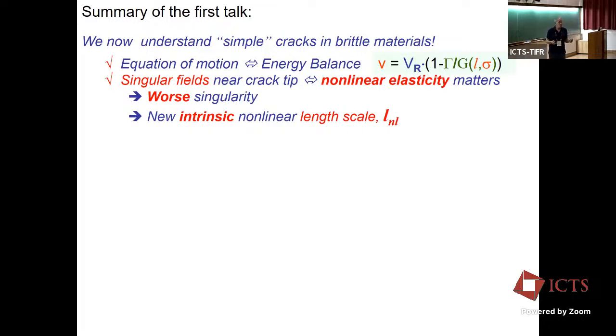We took this into account by deriving a weakly nonlinear theory, taking nonlinearities of the stress-strain relation into account. And when we took just the quadratic nonlinearities, we found that the singular fields actually got more singular. So the singularity became, instead of 1 over the square root of r, where r is the distance from the crack tip, it became 1 over r, which is worse as r gets closer and closer to the tip.